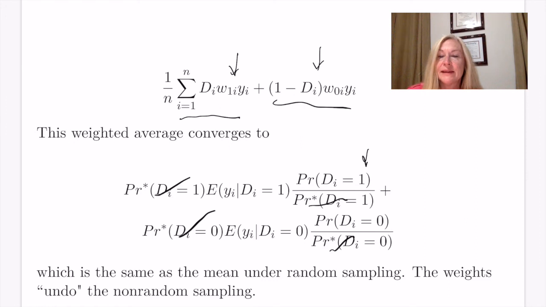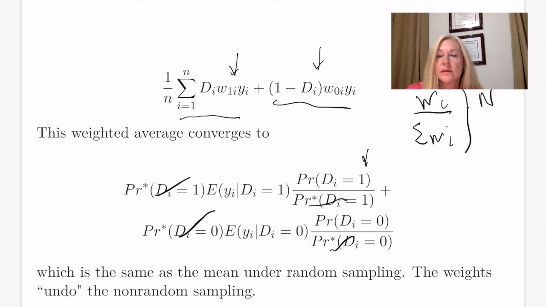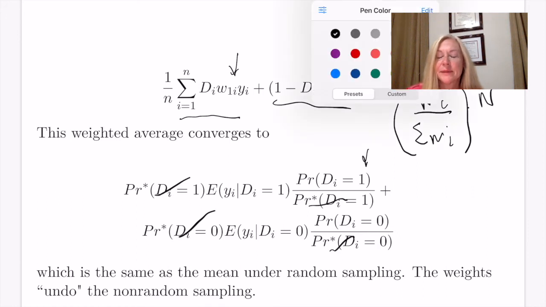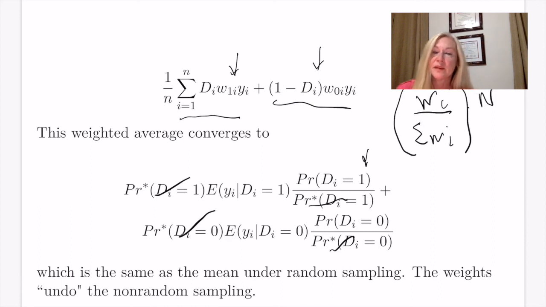So what I sometimes do, if they give you a weird scaling, is take the weight divided by the sum of the weights, multiplied by n, to get it to be the number of observations. But it depends on the data set. Sometimes the weights are fine, but sometimes they have some sort of weird scaling.